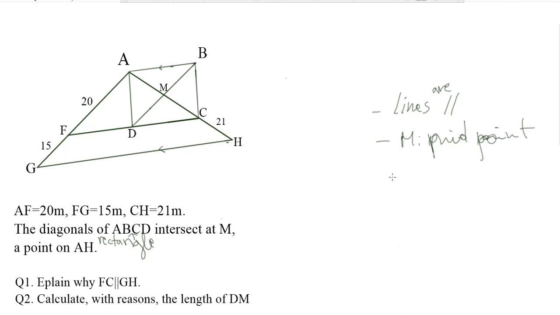So in a rectangle like this, these two lines will be parallel, and the diagonals touch each other here at M. M will be the midpoint. If M is a midpoint, it means this distance and this distance are equal.